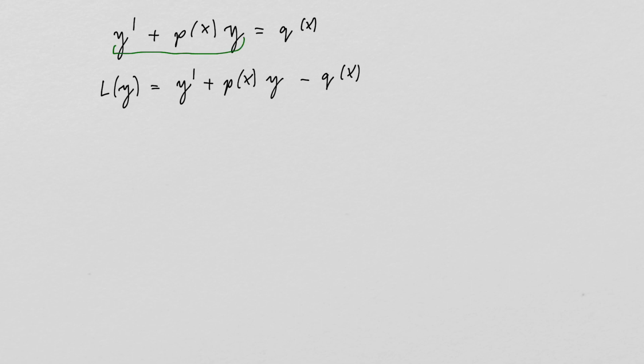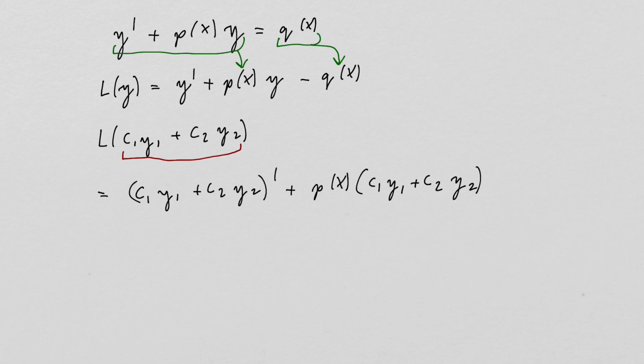Like this. So how is our operator L? Let's study a linear combination of two solutions or two functions. I see that there is a mistake. We should not have any terms which depend only on x.